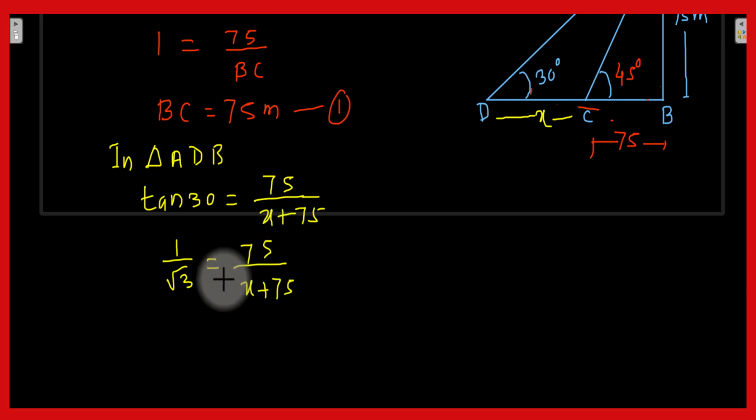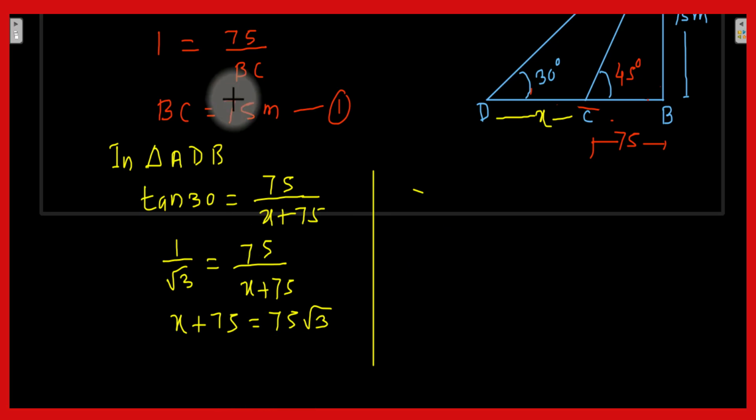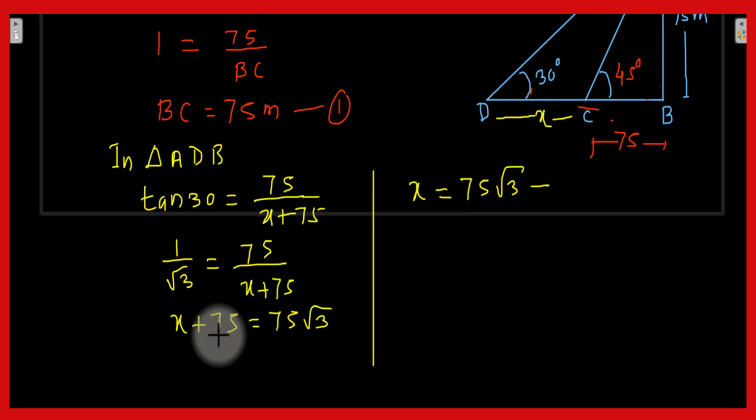Now cross multiply. So it will be x plus 75, which is equal to 75 into root of 3. Now take this 75 to this side. I solve here. So it will be x is equal to 75 root 3 minus 75.